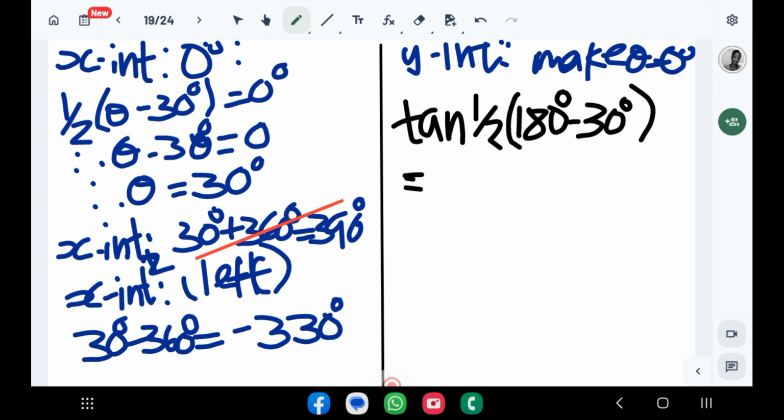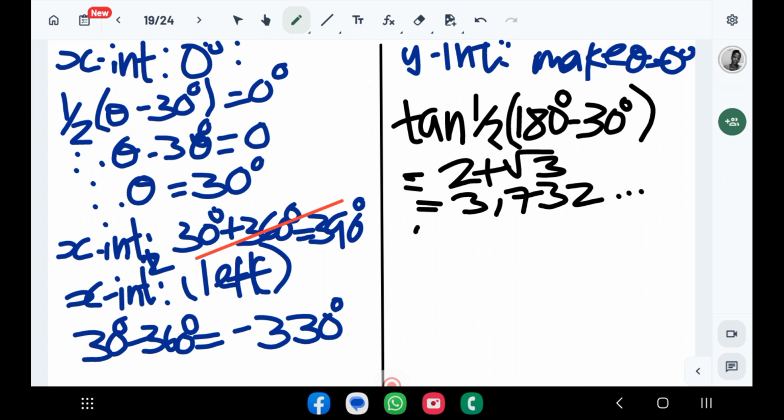That equals tan of common fraction button 1/2, bracket, 180 minus 30, close brackets, which is 2 plus square root of 3. When we press the S to D button, it gives us 3.732, and so on, which is approximately 3.73.